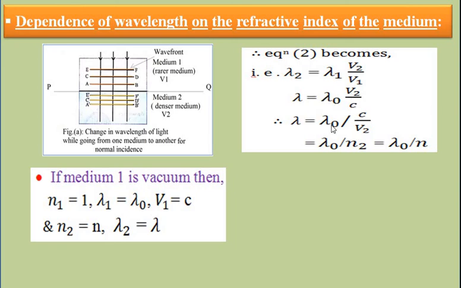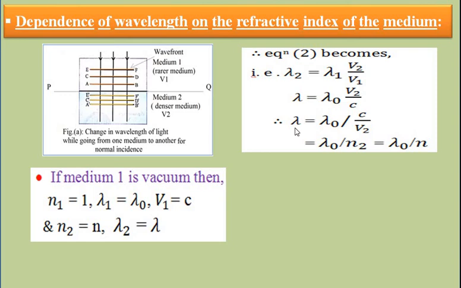Therefore, lambda is equal to lambda 0 divided by c upon v2, and the value of c upon v2 means n2, which is equal to lambda 0 divided by n, because n2 is equal to n. Here we have put the value of n2 equal to n.